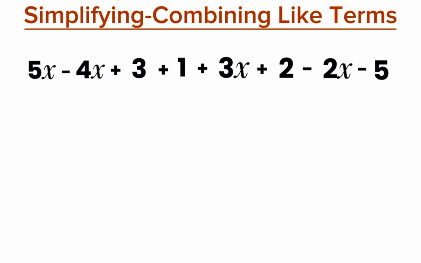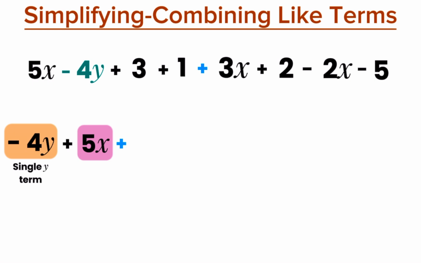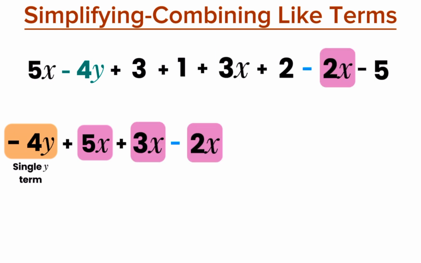All right, we're going to look at the long expression again. This time we'll change minus 4x into minus 4y and simplify. When grouping the expression, you'll notice minus 4y has no term to combine with because of the y variable. Therefore, minus 4y just stays as it is. The terms with x variables are still grouped together. So that's plus 5x plus 3x minus 2x.